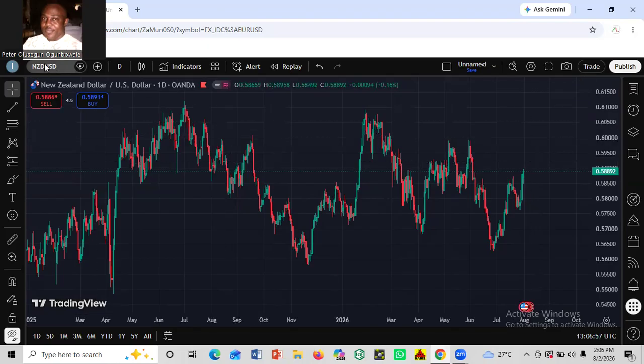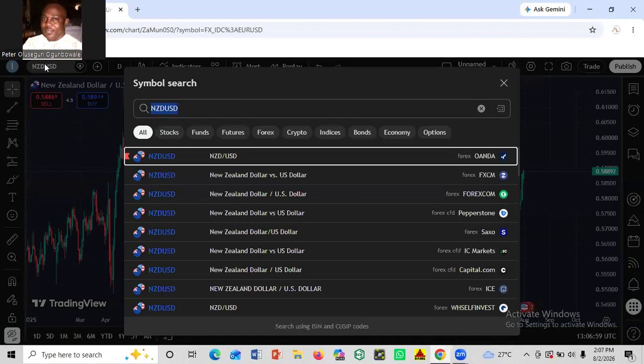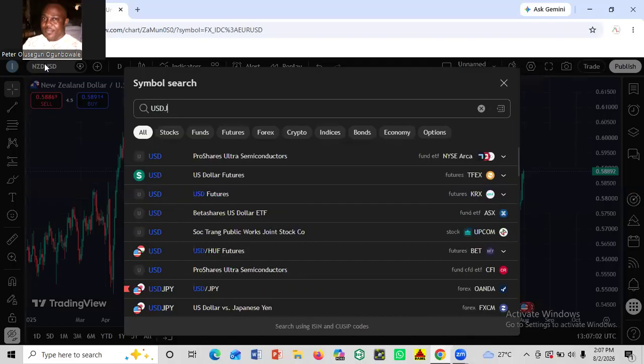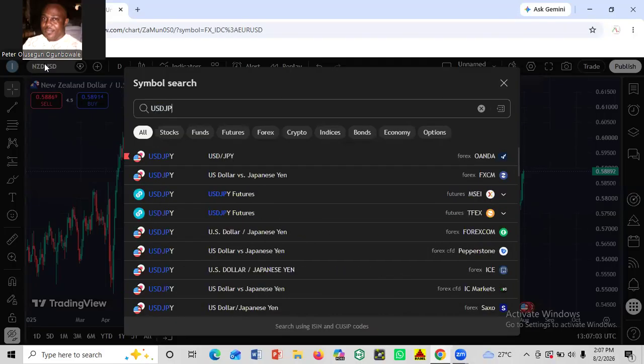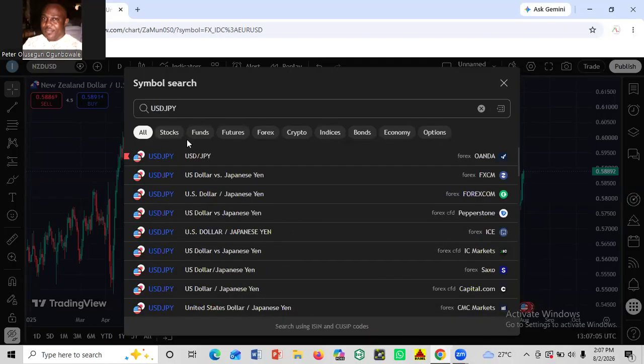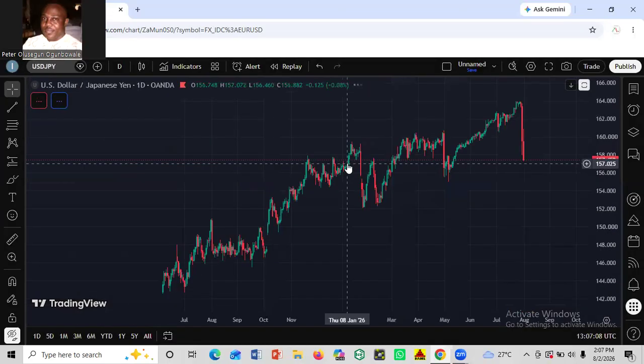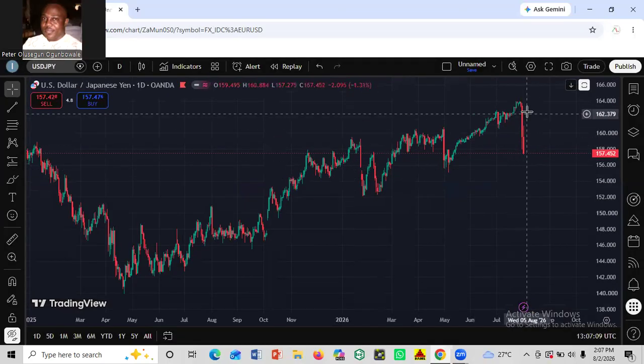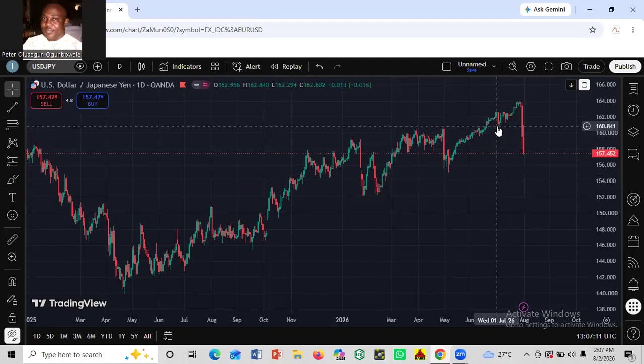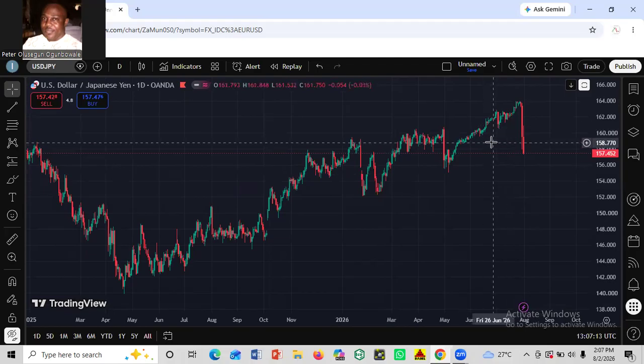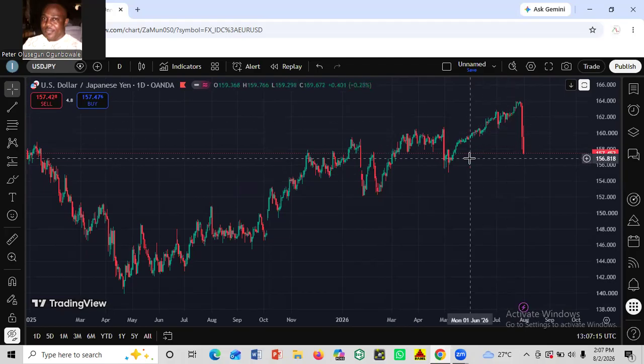USD JPY. USD yen. So we are seeing the intervention coming from the Bank of Japan, but the way they came down, they have broken this. These have not confirmed anything for me.